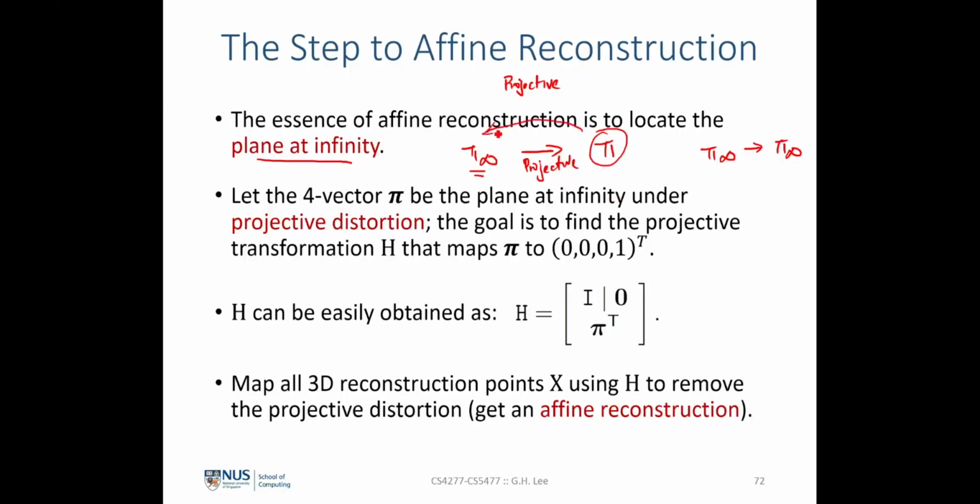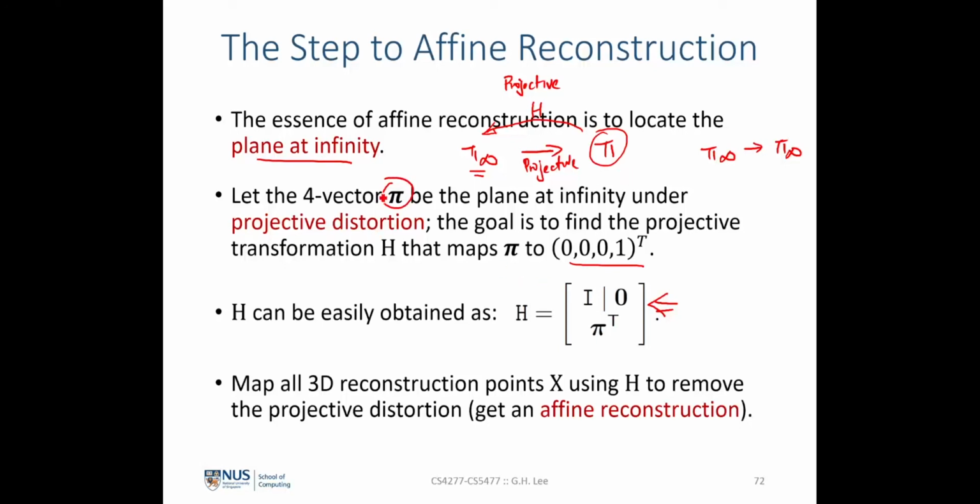We are going to find the homography that maps the plane at infinity, which is now at a finite location, back into the plane at infinity, which is given by the coordinate of 0, 0, 0, 1 over here. We can see easily that this particular homography, H, which maps the plane at infinity from a finite location back into an infinite location, is given by this equation over here, where pi is a 4-vector that represents the plane at infinity under projective distortion.